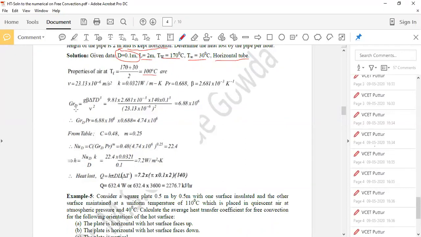The Grashof number based on the diameter comes to be 6.88 into 10 to the power of 6, and the product of Gr_D and Pr comes out to be 4.74 into 10 to the power of 6.